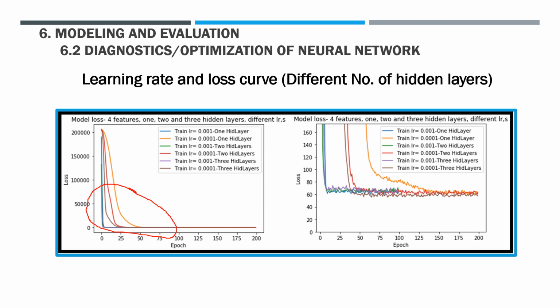Here you can see that the brown line, the red line, and the orange line converge better, and they all belong to a learning rate of 0.0001. So that was considered to be optimum in the case of 4 features.